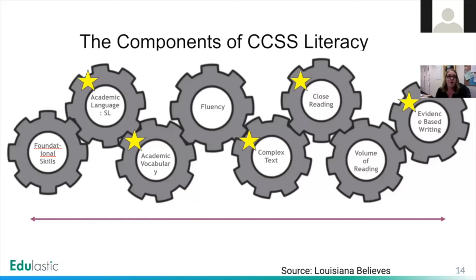And so Edulastic obviously can't address all of these different cogs of literacy, but it can address 5 specific ones really well. In the academic language and academic vocabulary, whenever I'm writing a question stem in Edulastic, I always make sure that it mimics the standard. And I make sure that the language of the standard is in the question, because the state tests are going to have the language of the standard in the question.